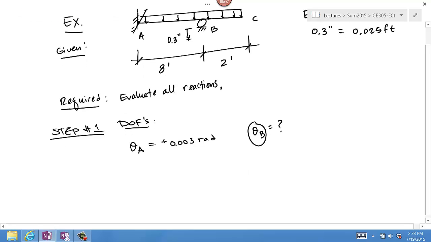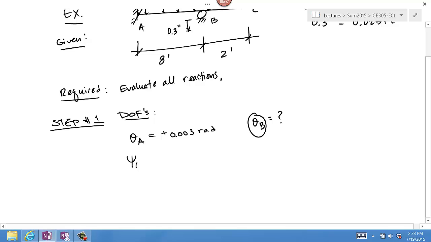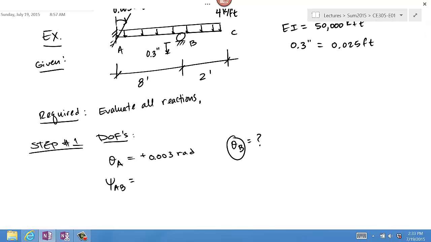So for span AB, we're also going to look at the possibility of a psi AB, or a chord rotation for AB. Now, if you remember, the chord rotation is simply the delta divided by the original length, the span length. And so we're looking specifically for a chord rotation. If support B drops, then point B ends up down here.